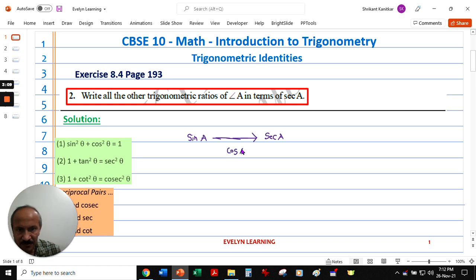Therefore, we have to go through another third trigonometric ratio, which is cosine A or cos A. So sin A will be expressed in terms of secant A via cos A.